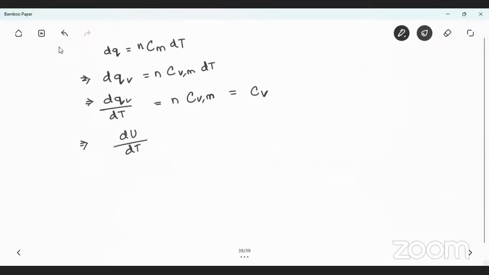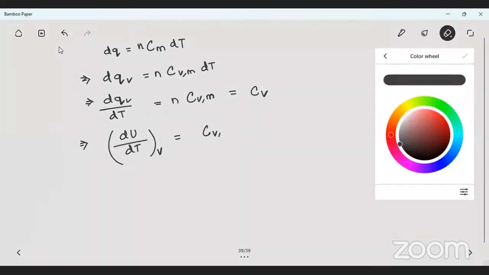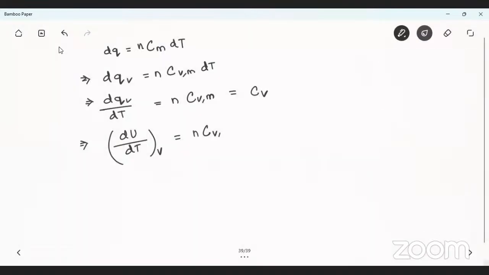So dU by dT at constant volume will be equal to n CVm, which is CV.